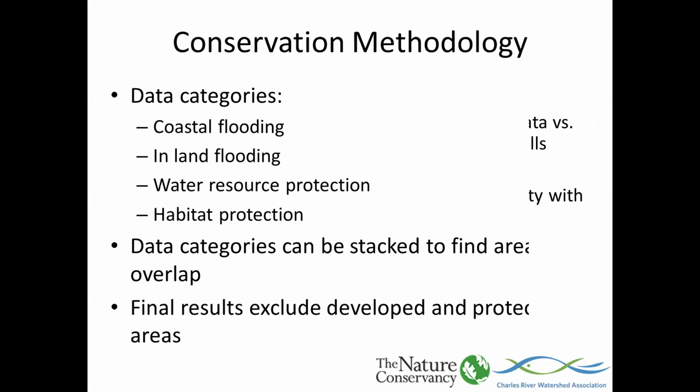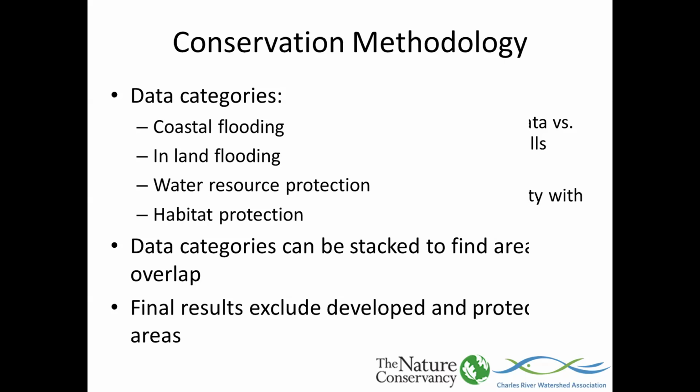So starting with conservation, as I mentioned, we have the conservation category and the restoration category. Within the conservation category we have 4 data categories: coastal flooding, inland flooding, water resource protection, and habitat protection. Those are the different categories of things that we looked at to identify possible conservation areas. In the tool, the data categories can be stacked so you can find areas of overlap.